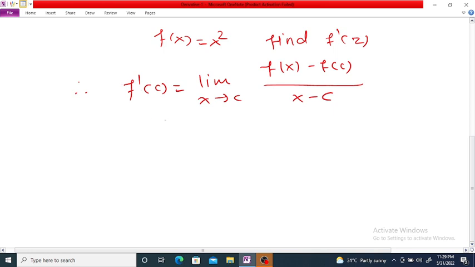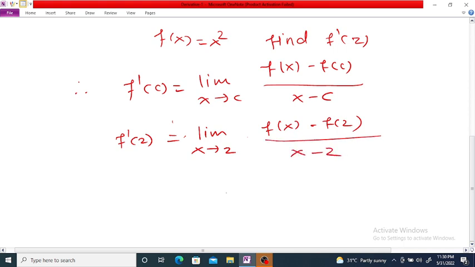So f dash 2 is equal to the limit as x tends to 2 of (f of x minus f of 2) divided by (x minus 2). But what is f of x? It is x square, and f of 2 is 4, divided by x minus 2.